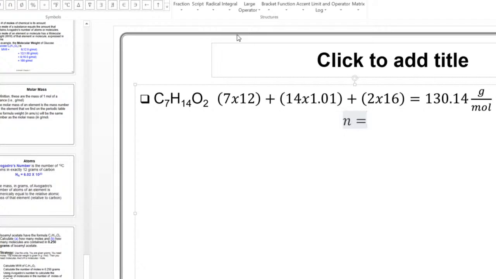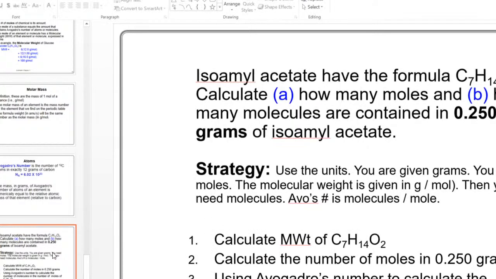Moles is equal to mass over molar mass. Then that would be the mass.